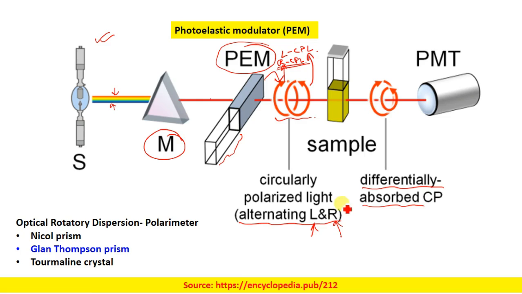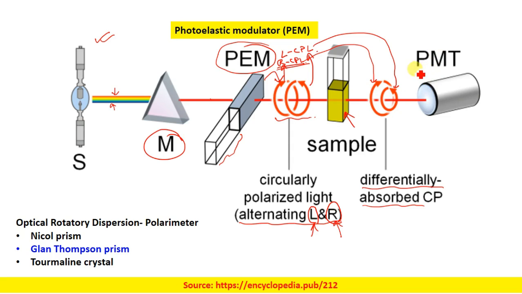It is quite possible that the left-handed circularly polarized light will be absorbed more by the optically active sample as compared to the right-handed circularly polarized light, or vice versa. In this case, it has been shown that the amplitude of the left-handed circularly polarized light has decreased, whereas there has not been a substantial change in the intensity of the right-handed circularly polarized light.